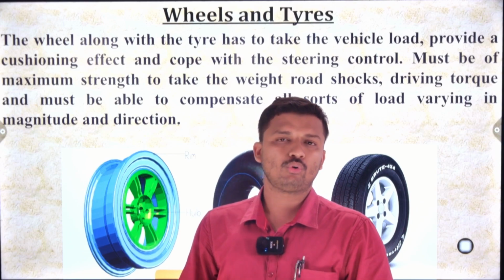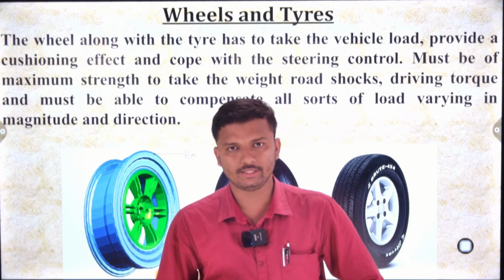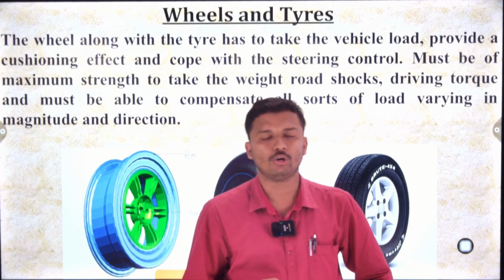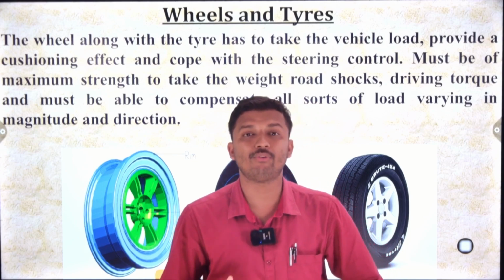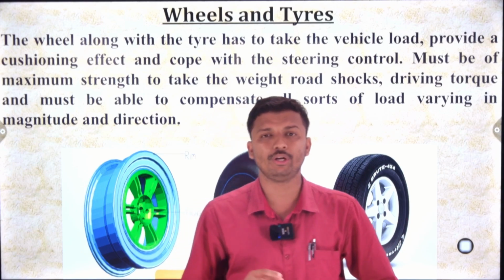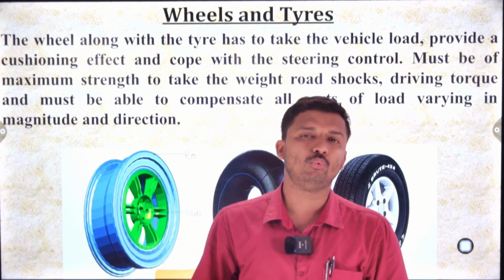We have four wheels, but it is not that only four wheels are there. Actually there is a number of wheels according to the design of the automobile. For very heavy vehicles we have more wheels. According to the load, the wheels increase or decrease.